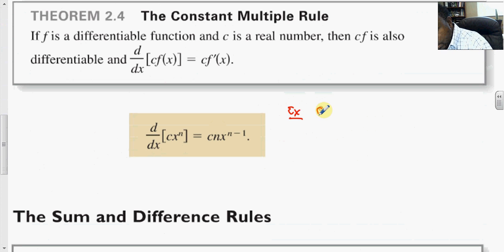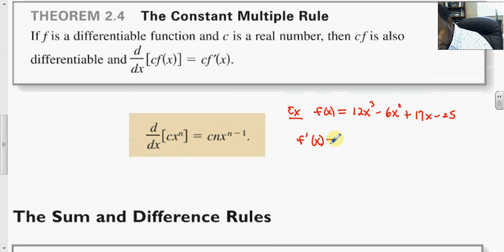So if we have a function, and say for example, now I'm going to write it differently than how they're writing this, but I think you'll get the point, if this is 12 times x to the third minus 6 times x squared plus 17x minus 25. Now here the constants are the 12, the negative 6, and the 17.